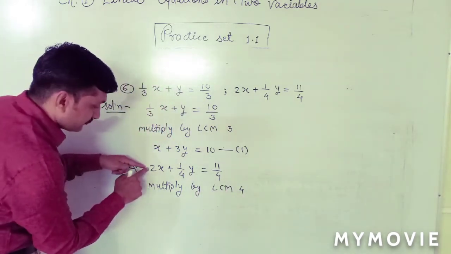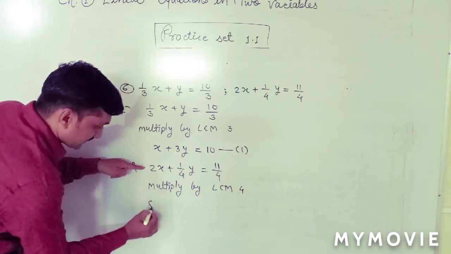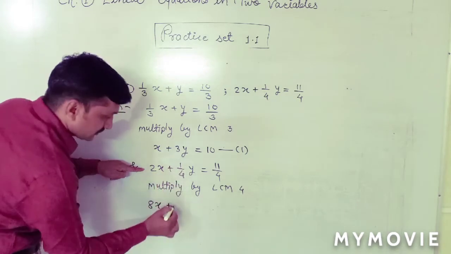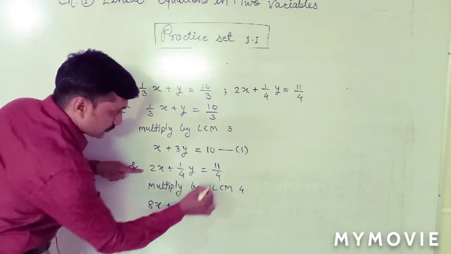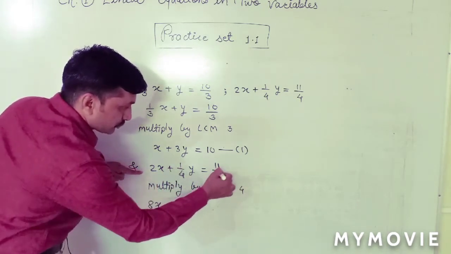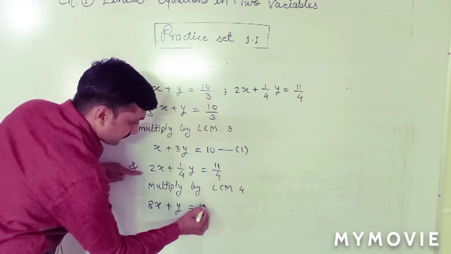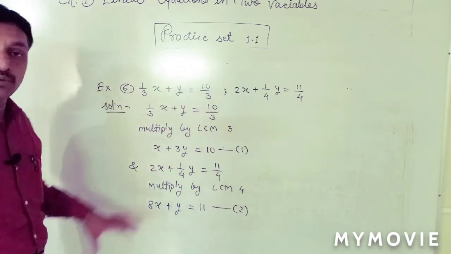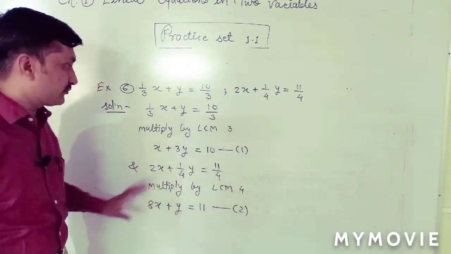If you multiply by 4 here, 4 twos are 8x, plus if you multiply by 4, 4 cancels, only y is there, is equal to, if you multiply by 4, 4 again gets cancelled, 11 is left, and this is equation number 2. Now we got two simple equations.